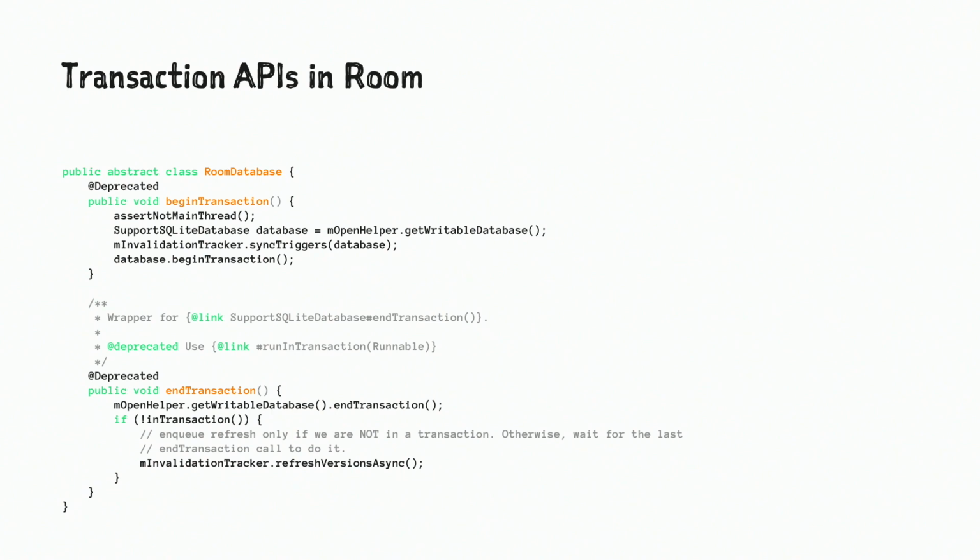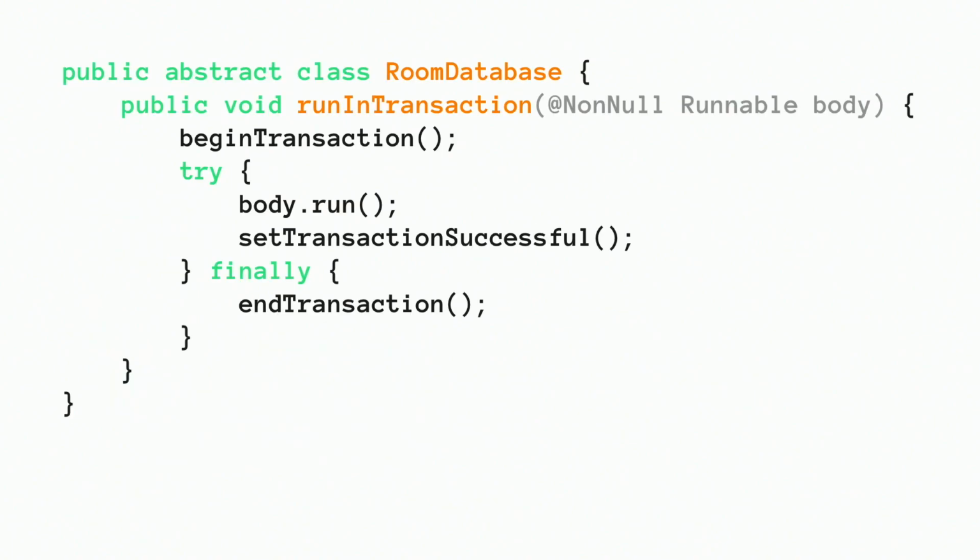And the 3rd one that is our new one is run in transaction, which does begin transaction and end transaction. So we can just use this one instead of using both begin and end and potentially forgetting to end it or needing to use 2 APIs. Run in transaction is synchronous and blocking.